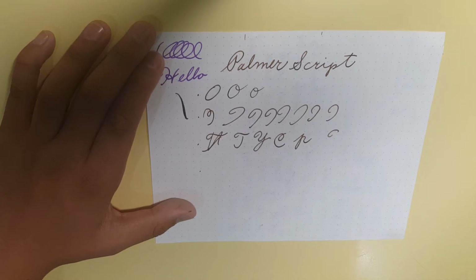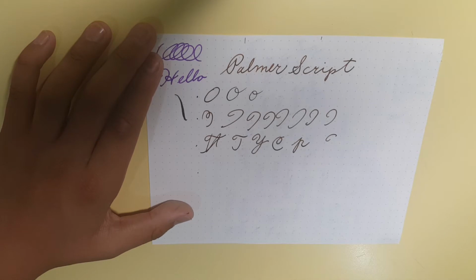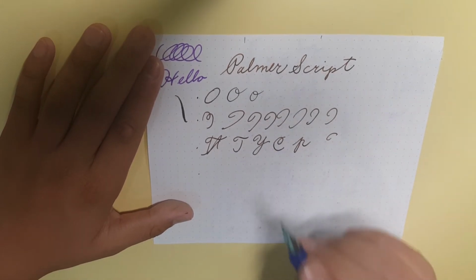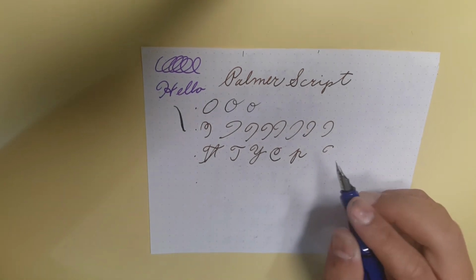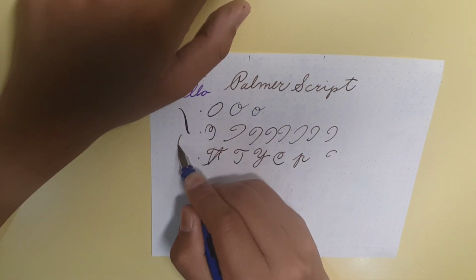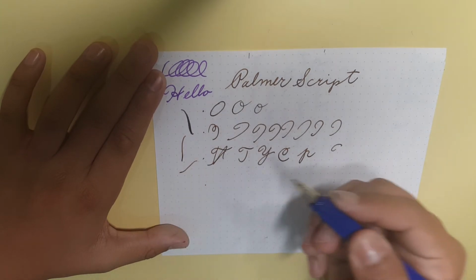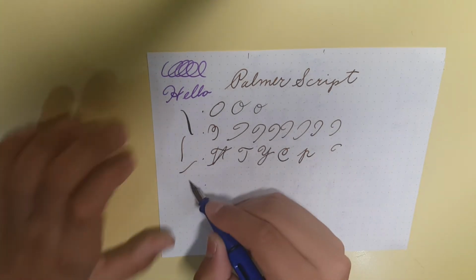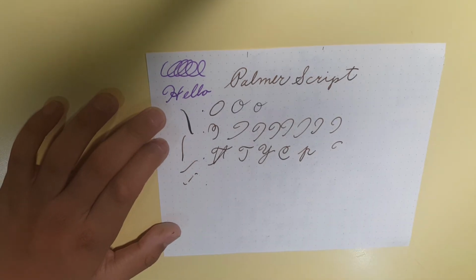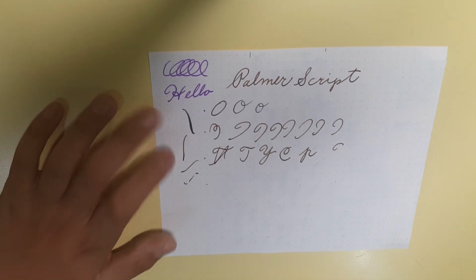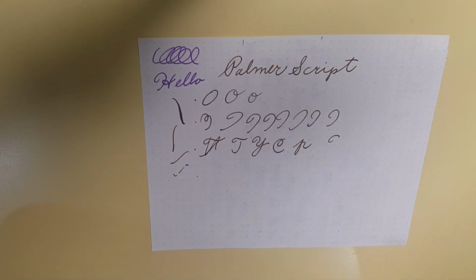Another stroke, okay. Right, the compound curve. So, in most calligraphy scripts, we have what is known as the compound curve, which looks like this. Yeah, that's what it looks like. It's a line with these two loops at the end. Now in Palmer script, we also have the compound curve, but again, no disrespect to Austin Palmer, we've made it uglier.